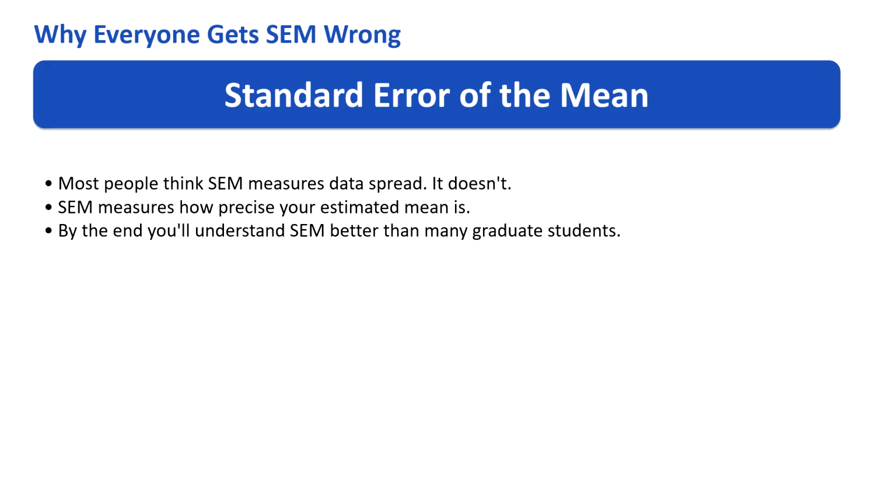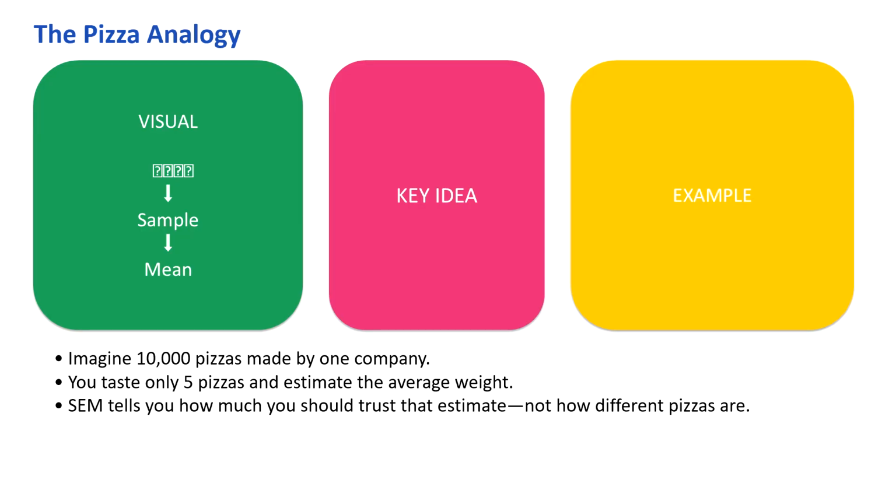So before we define SEM, let's start with a simple story. Now, there's a pizza analogy. Imagine a factory producing 10,000 pizzas every day, and suppose your job is to estimate the average weight of every pizza. So I have a question. Would you weigh all 10,000? Of course not, right?